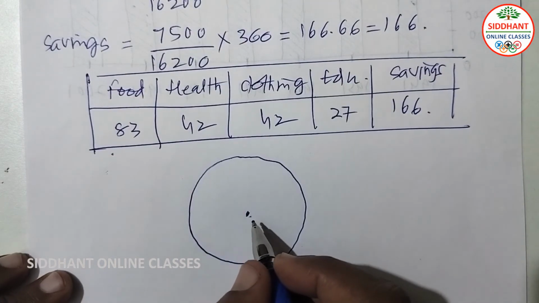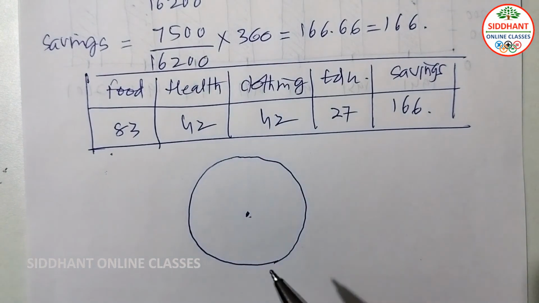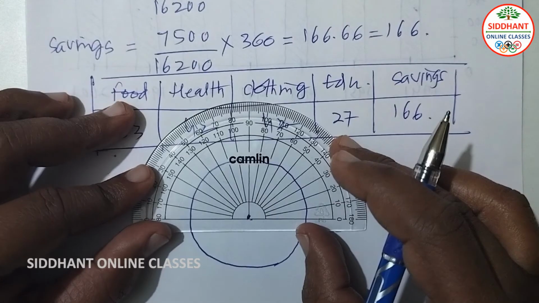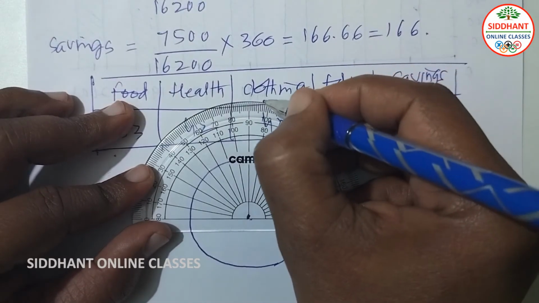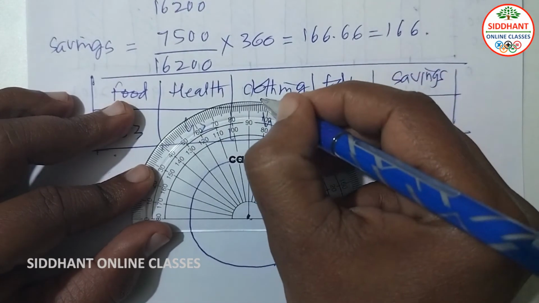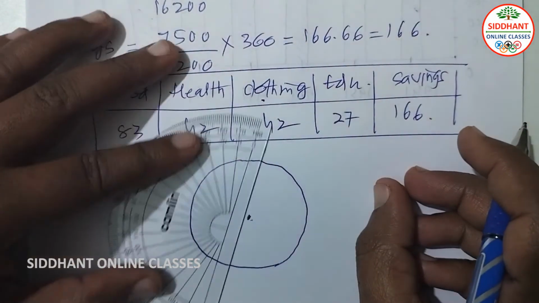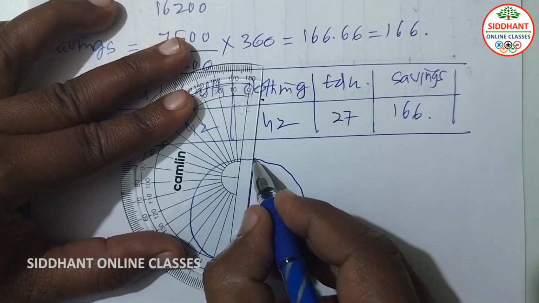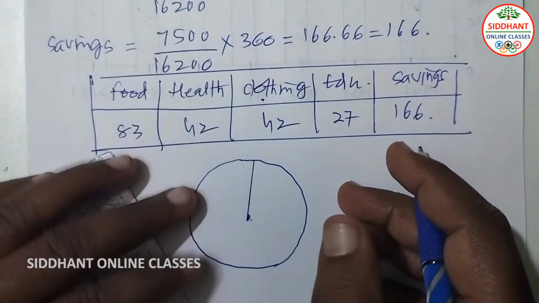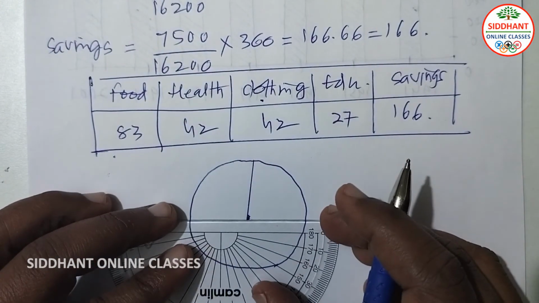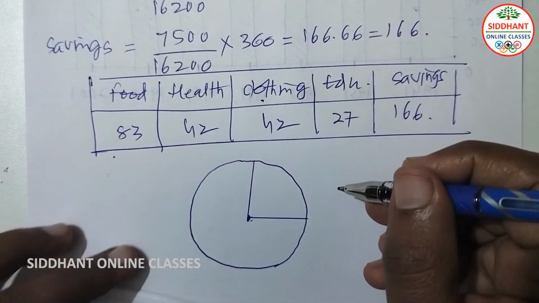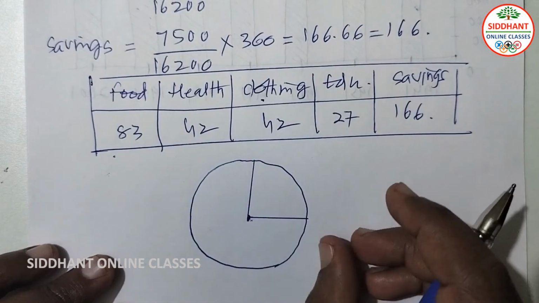So point here taking with the protractor. Keep the protractor here, then we are going to see 83 here. When you draw the line here with this line, this part will be 83 degrees.